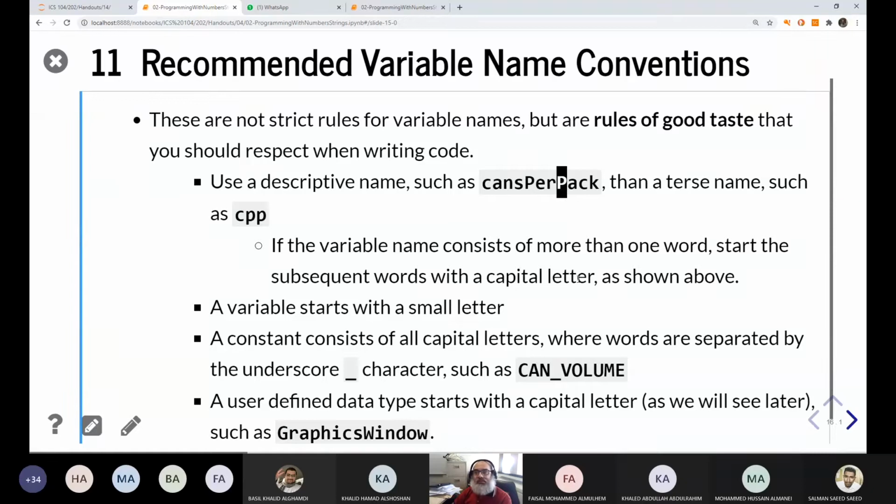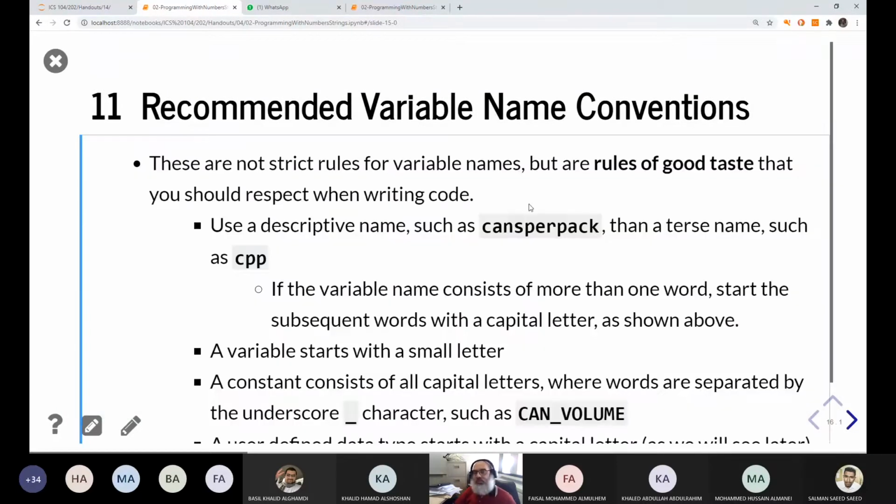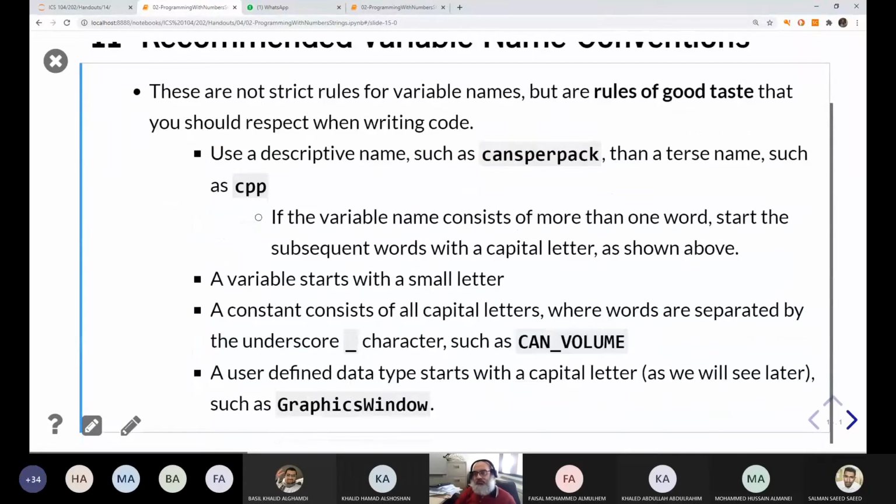Now it becomes much more obvious than if I wrote it all in lowercase. Can you see the difference? You cannot differentiate between the words. Is it two words? Is it three words?